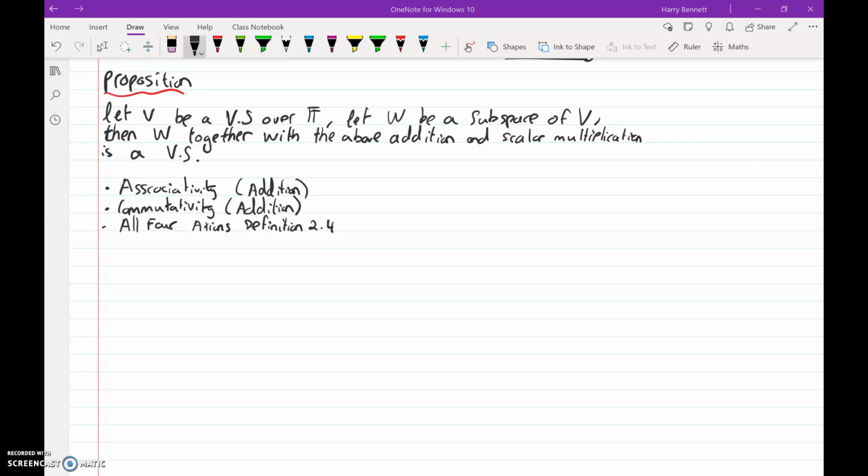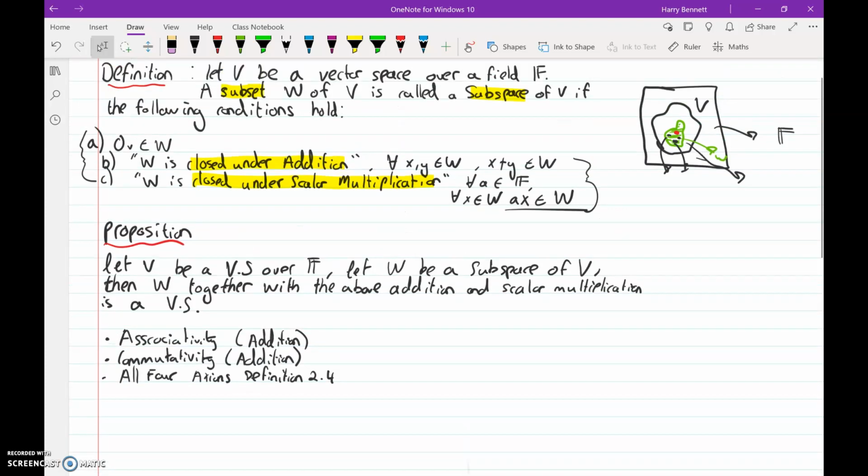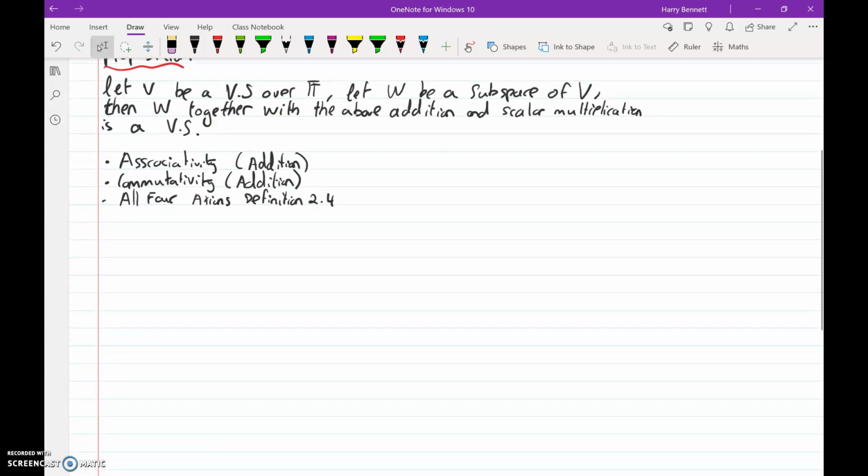So our proposition here just confirms that our subspace, if it holds the above conditions, is a vector space. The little proof here, which is not really a proof, it's just a quick, simple note, is that firstly, if it holds under those three properties above, we know that it's associative because our set is a subset.